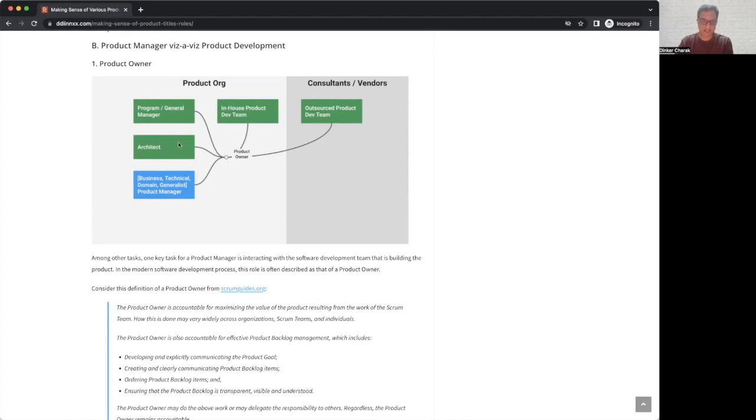So this architect was effectively playing the role of a product owner. And many times, though I've not directly worked in this scenario, I've seen that a program manager or general manager acts as a product owner, whom all the development teams go to for prioritization guidance and to showcase the output and outcomes.